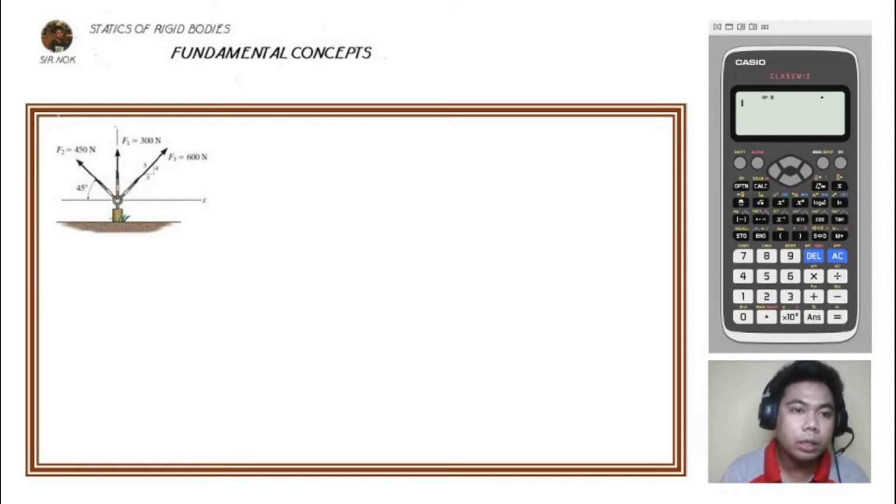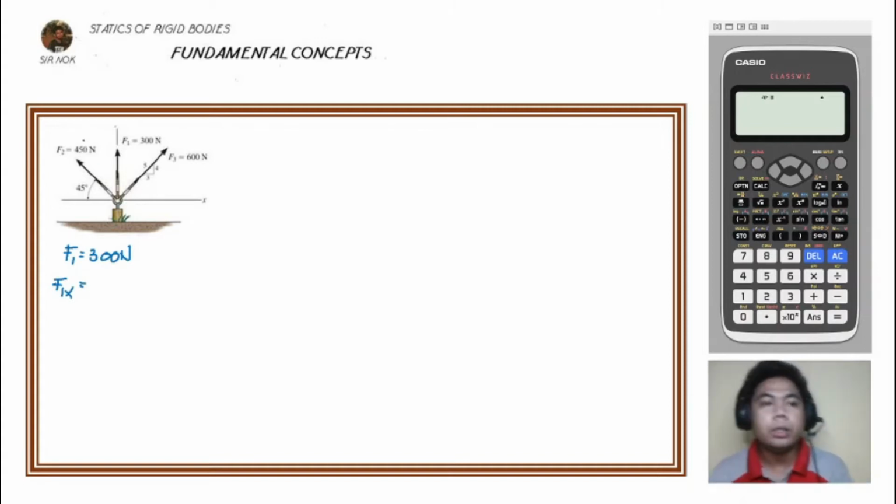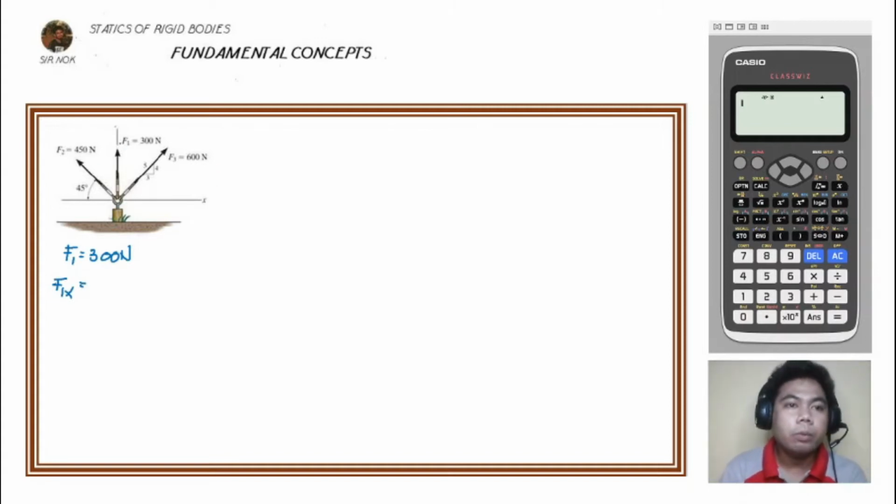So that is 300 newtons. Since force 1 is along the positive y-axis, the x component is 0. And next, the y component is 300 newtons, positive because force 1 is in the upward direction.